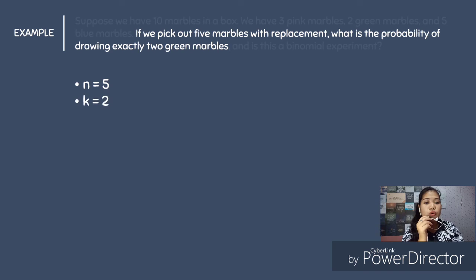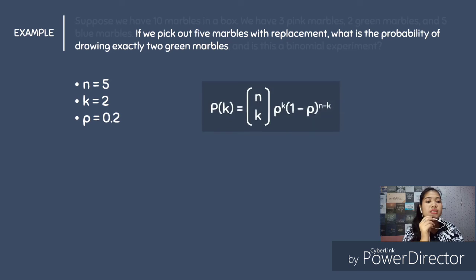In other words, we are randomly picking 5 marbles. K is equal to 2 since we are only concerned about getting exactly 2 successes. This is the same as getting exactly 2 green marbles. Little p is equal to 0.2 as this is the probability of success that we calculated earlier.